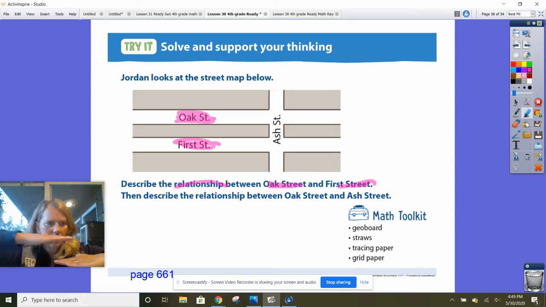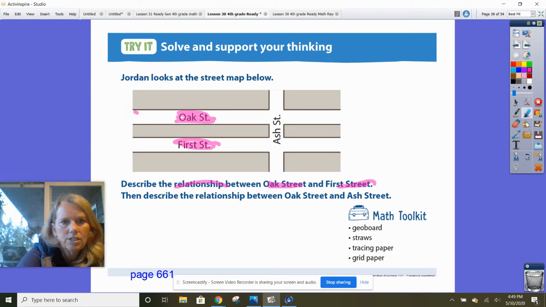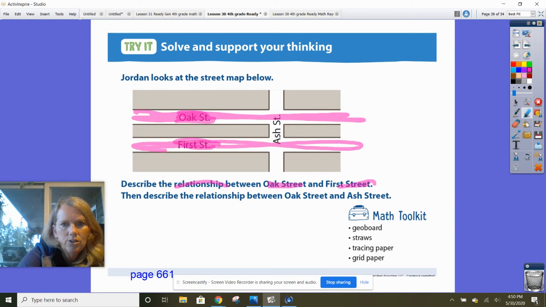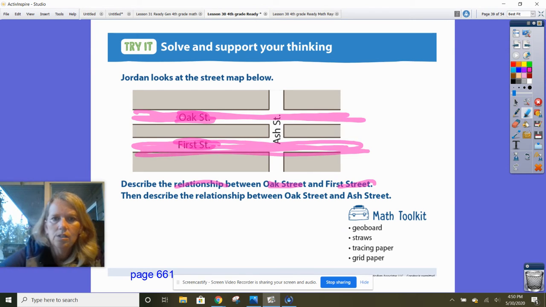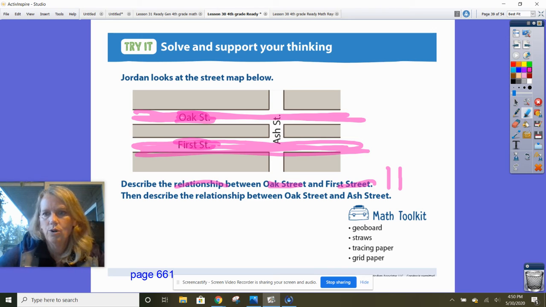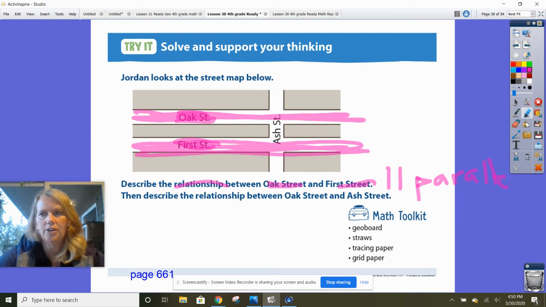They go like this. If I draw this line out and this line out in color, because that's fun, the relationship between those two is this symbol or the word parallel. You could use the word or the symbol, but they go parallel to each other.